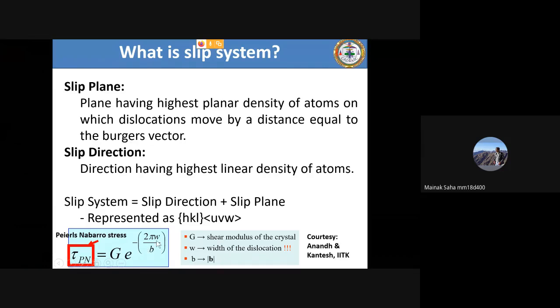So here basically what you find is the width of the dislocation. The width of the dislocation is related to a missing line of atoms. One of you told that there is a lattice distortion always associated with the presence of a dislocation, right?